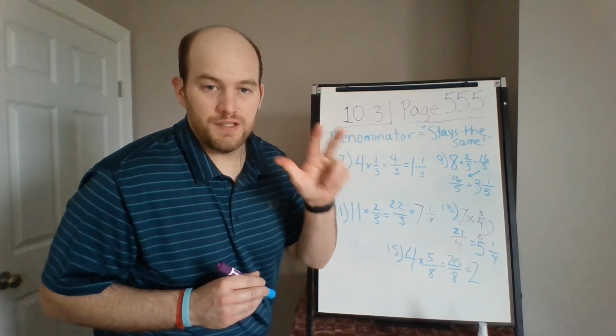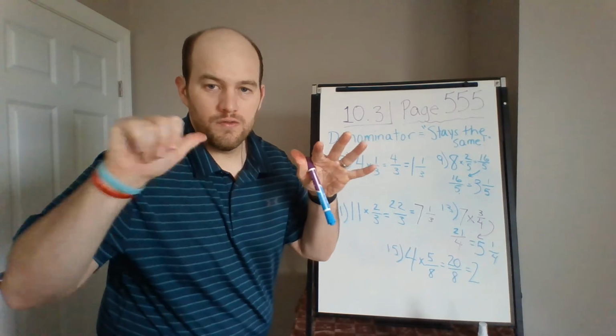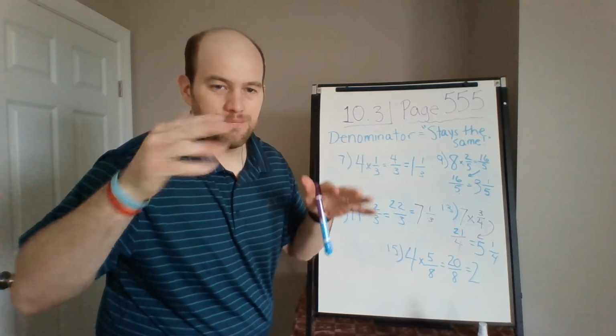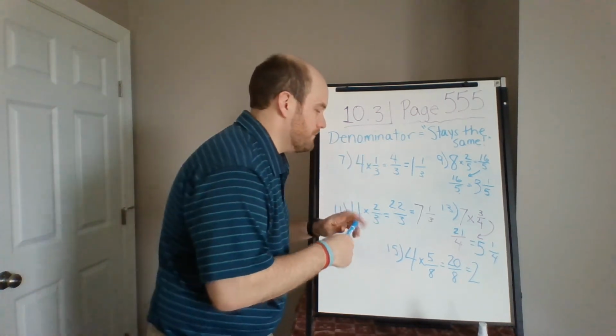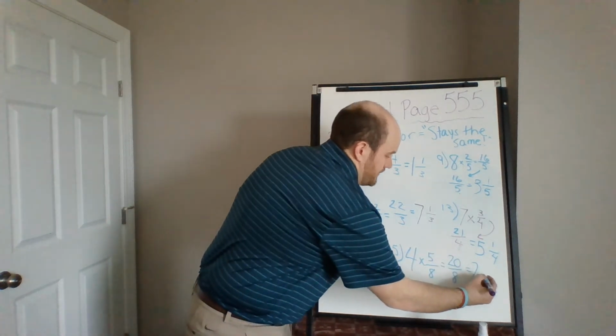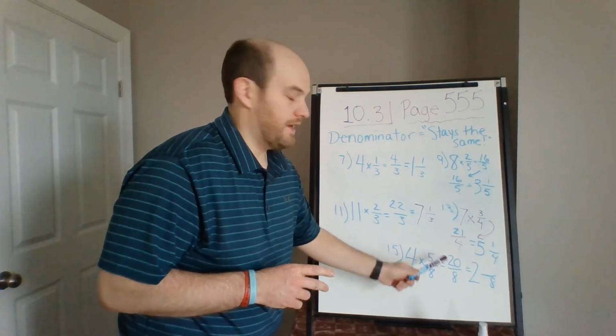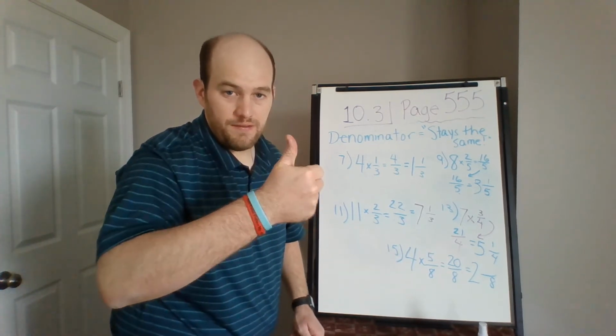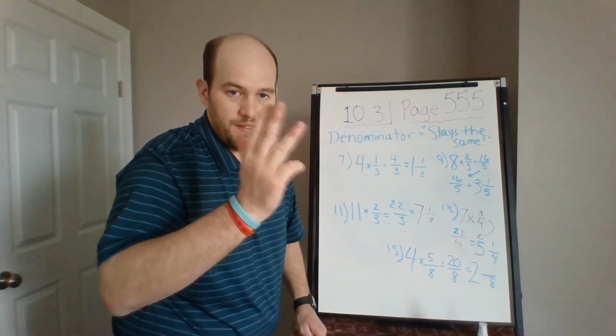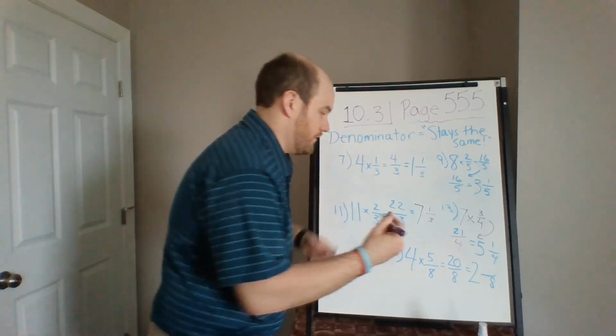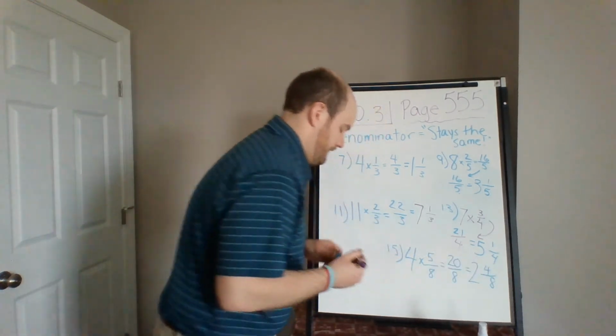Okay? 2, 4, 6, 8, 10, 12, 14, 16. So 16's in your head. My denominator never changes. So that remembers 8. Okay, so 16's in my head, and I got to count up to 20. 16, 17, 18, 19, 20. 4. Okay, 2 and 4/8.